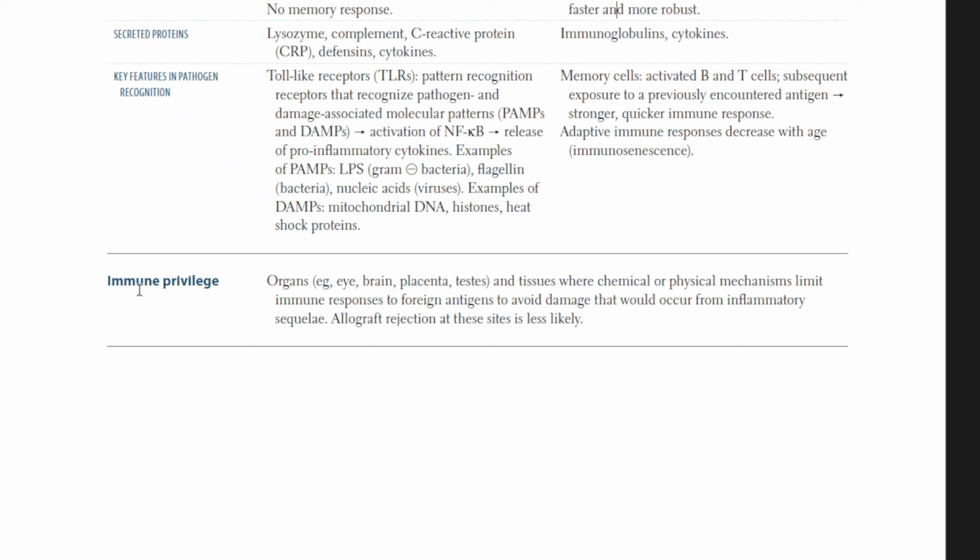This is a group of organs that have immune privilege: the eye, brain, placenta, and testicle.